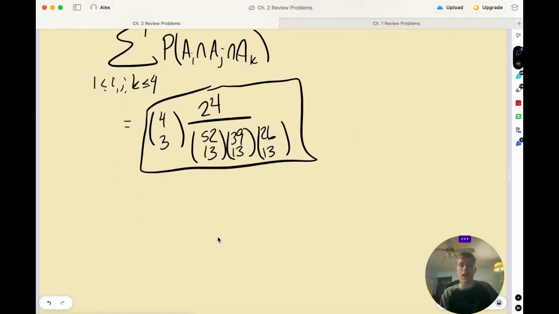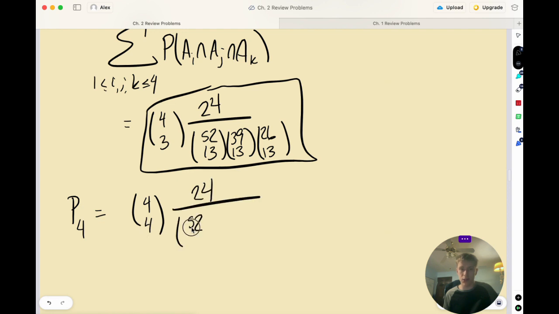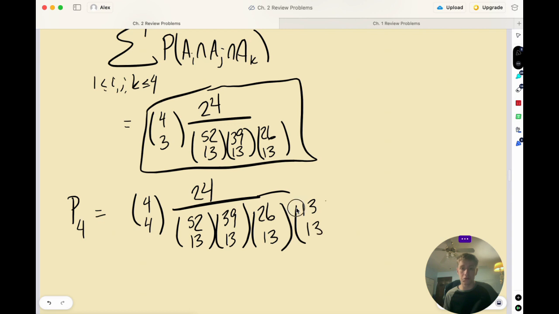And you should work out for yourself that P4 is 4 choose 4 times 24 divided by 52 choose 13, 39 choose 13, 26 choose 13, and then after that, the remaining 13 cards are essentially dealt to 13 people.